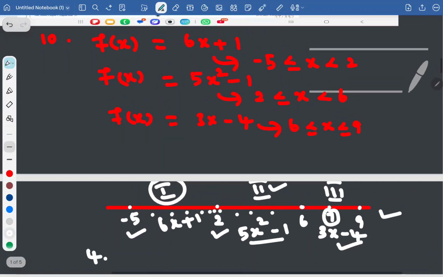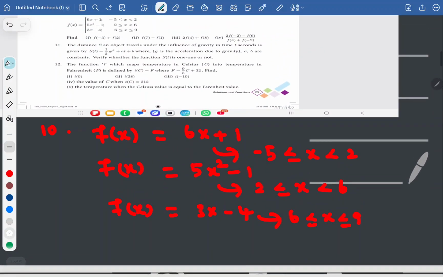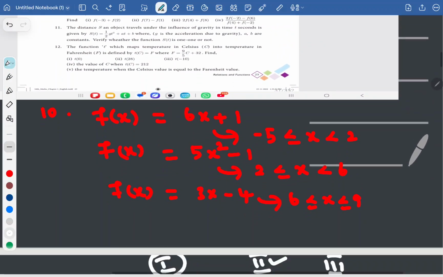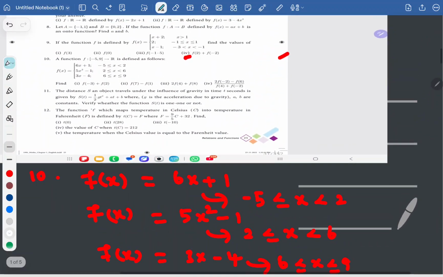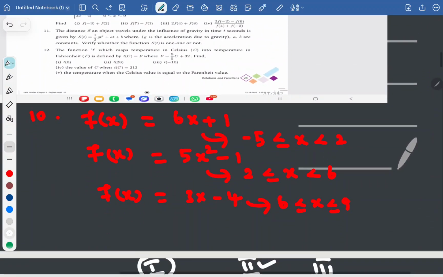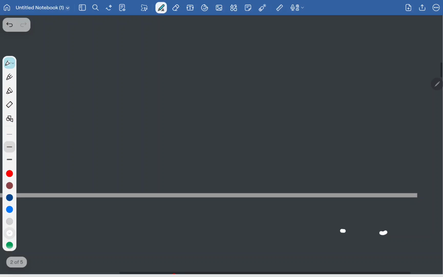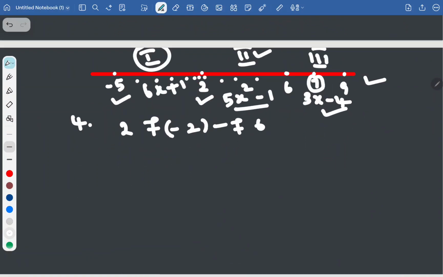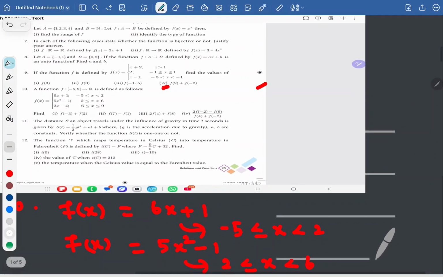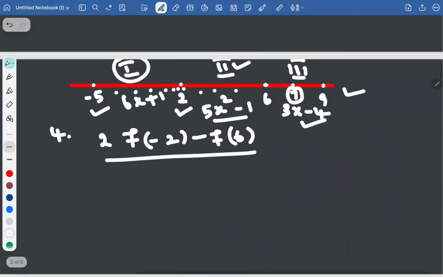Now I am going to complete the last subdivision, the fourth one. What is the fourth one? 2 times f of minus 2 minus f of 6 divided by f of 4 plus f of minus 2.